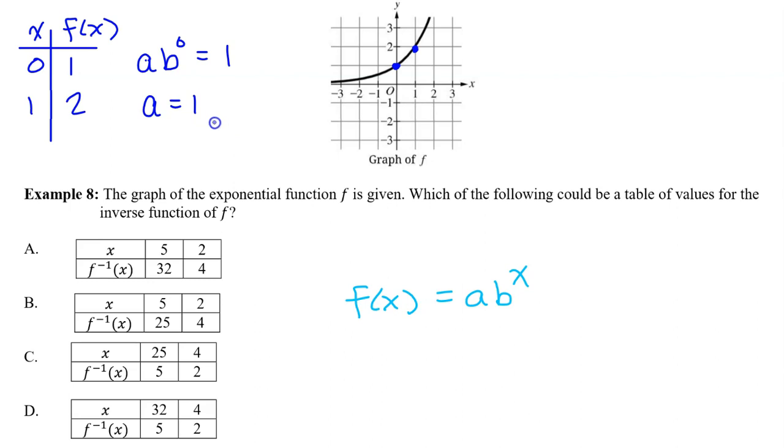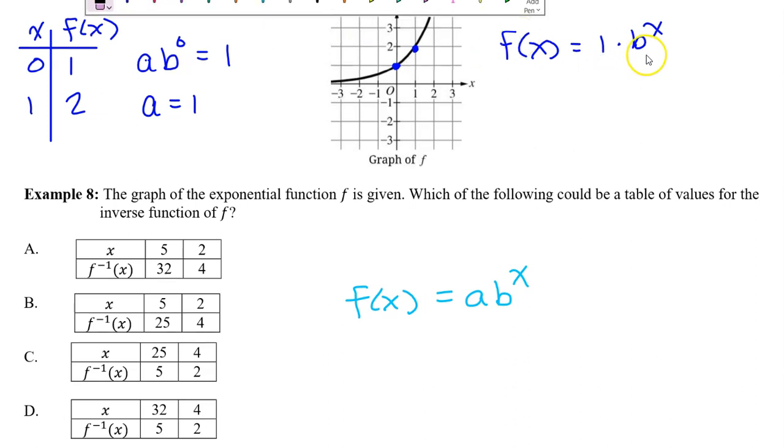So now I just need to find b. I can use the other point now to find b. So far I have f of x equals 1 times b to the x power. I don't really need to put the 1 here, so I'm just going to write f of x equals b to the x power.